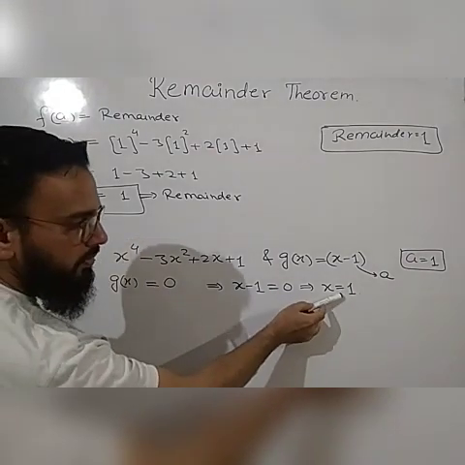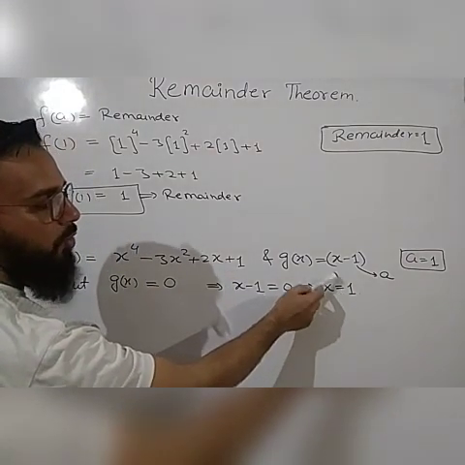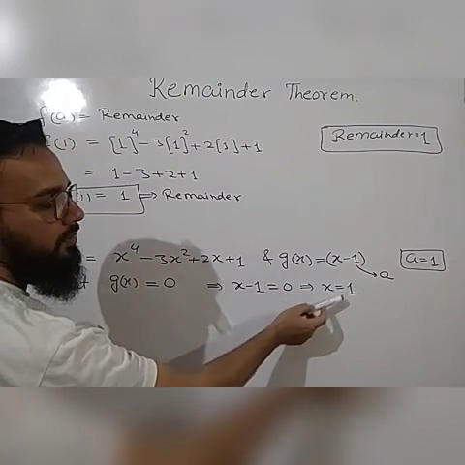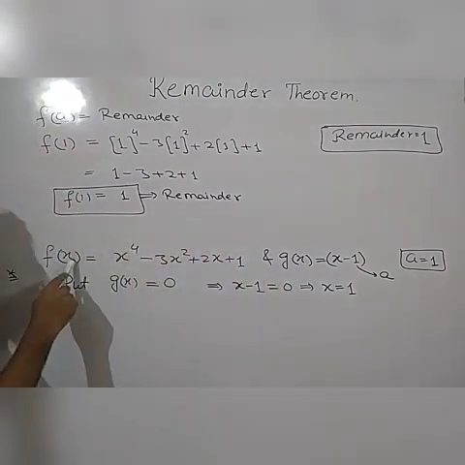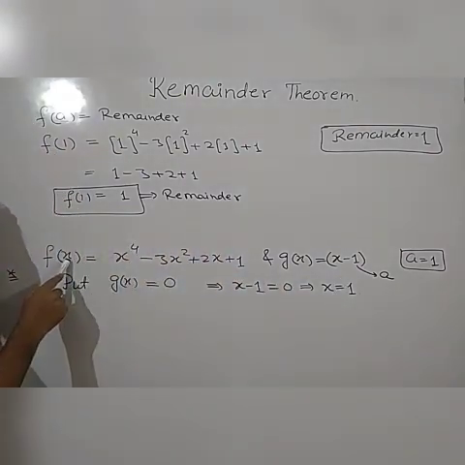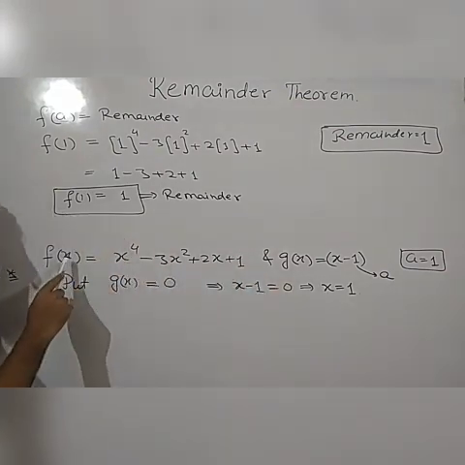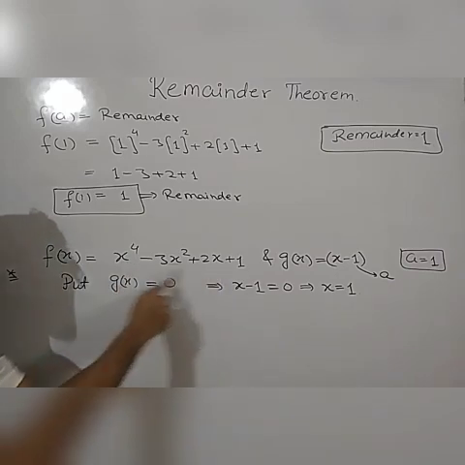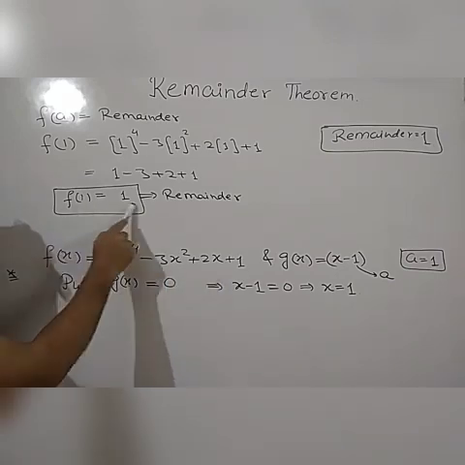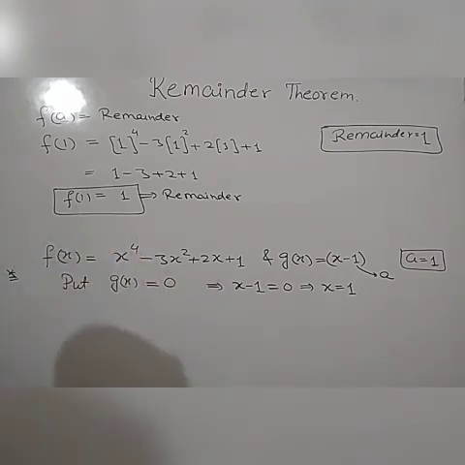Now put this value of x in the first polynomial, the one we have to divide. When we put this value of x there, we will get the value of the polynomial, and that particular value will be the remainder of the polynomial.